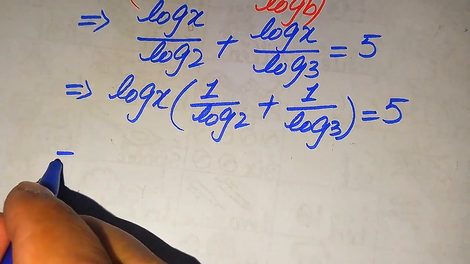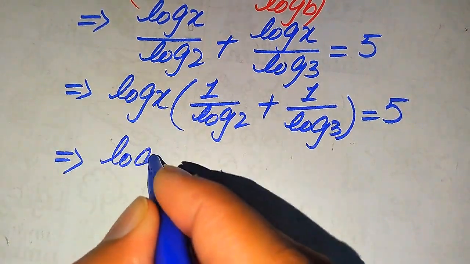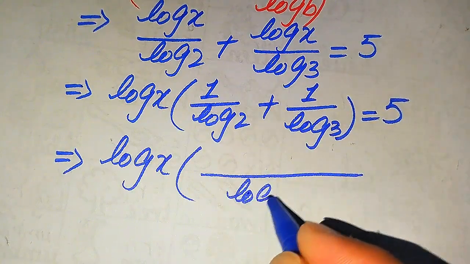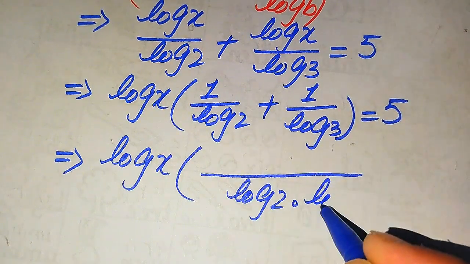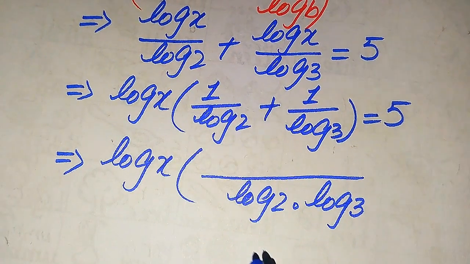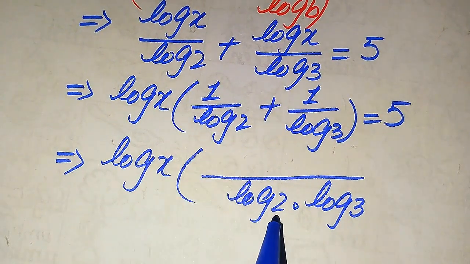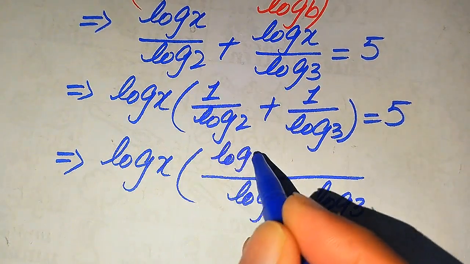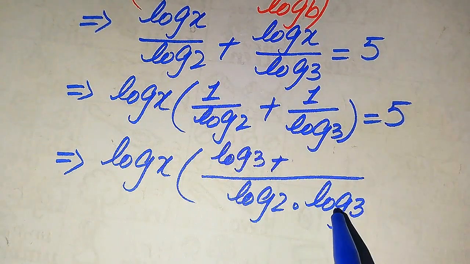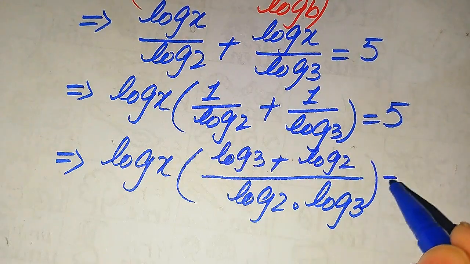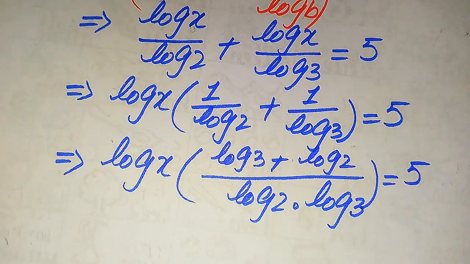Further we take the LCM of these terms, and it will be written as log of 2 multiplied by log of 3. When we divide, this log 2 is cancelled out by this log 2, we get log 3 plus this log 3 is cancelled out by this log 3, and we get log 2, is equal to 5.